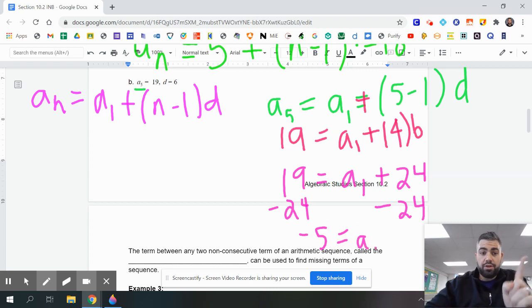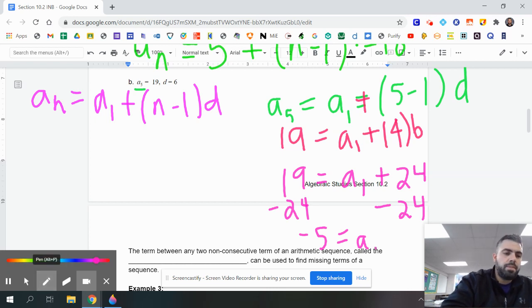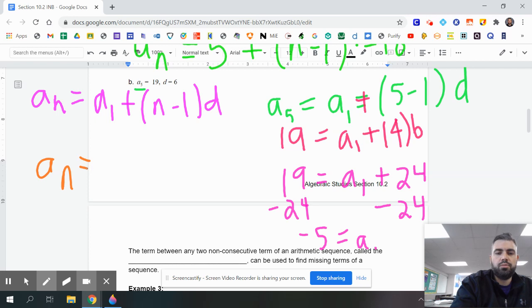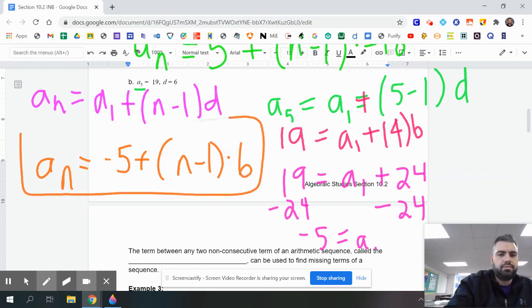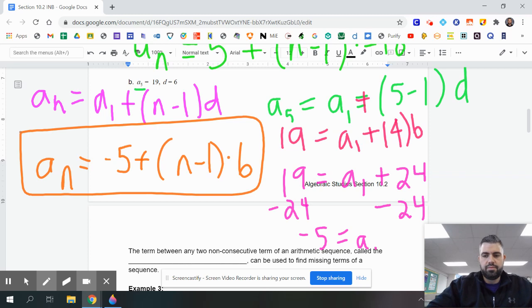Now I know my first term and my common difference, and I'm looking for the nth term. So a sub n is equal to the first term, which we know to be negative 5, plus, since we want the nth term, n minus 1, times 6. Very good.